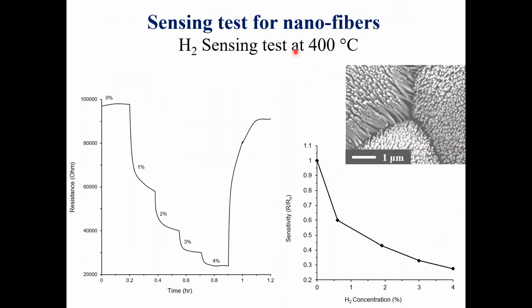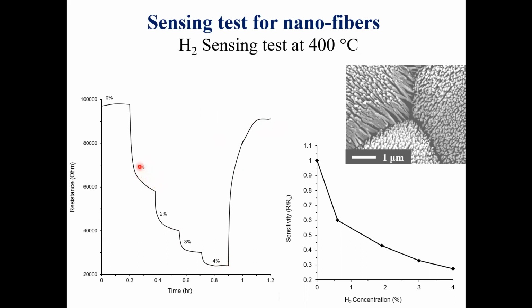So here's the hydrogen sensing. We create this in hydrogen at 700, and now we're doing sensing of hydrogen gas at 400 degrees C. You can see that in the background, you get a steady signal, introduce hydrogen, 1%, resistance goes down, 2%, 3%, 4%. Cut off hydrogen, the signal comes back to the original level.